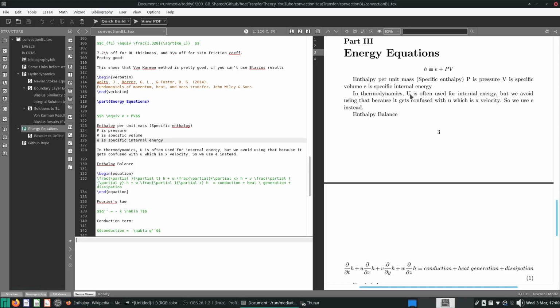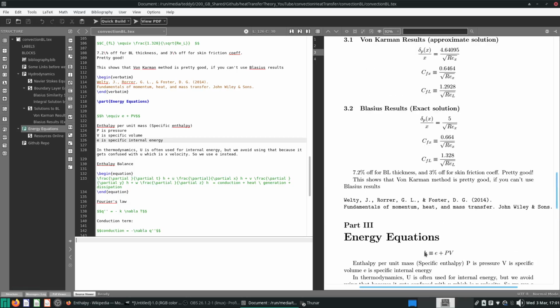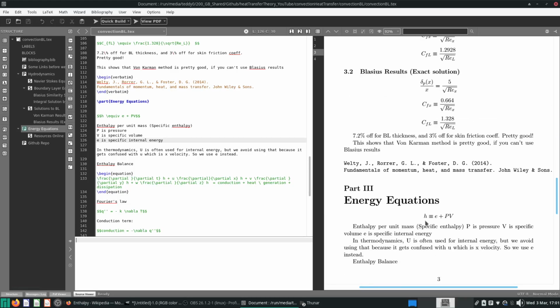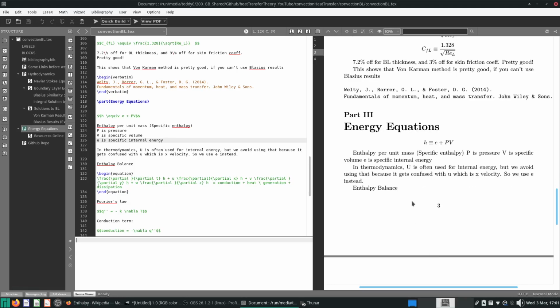So U is often the symbol used for internal energy, but we want to avoid using that because it looks way too similar to this u over here, even if we capitalize it. So we don't want to use U, we want to use e instead, which is the internal energy.